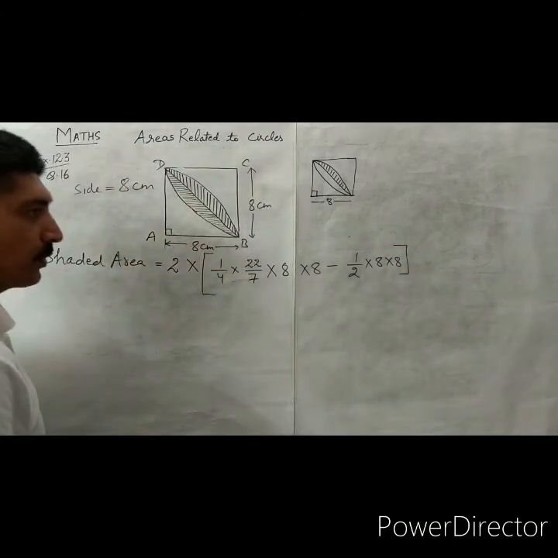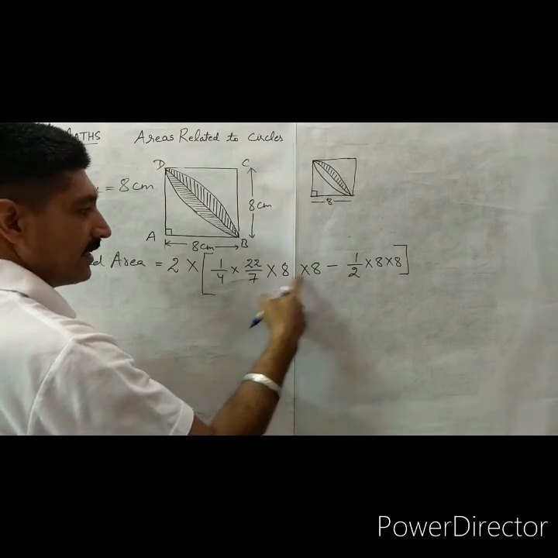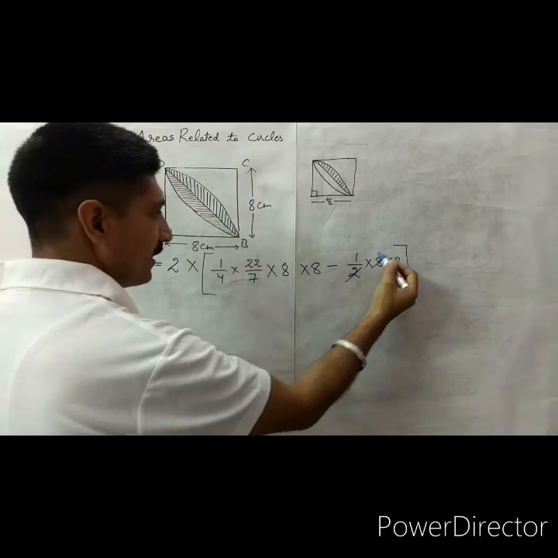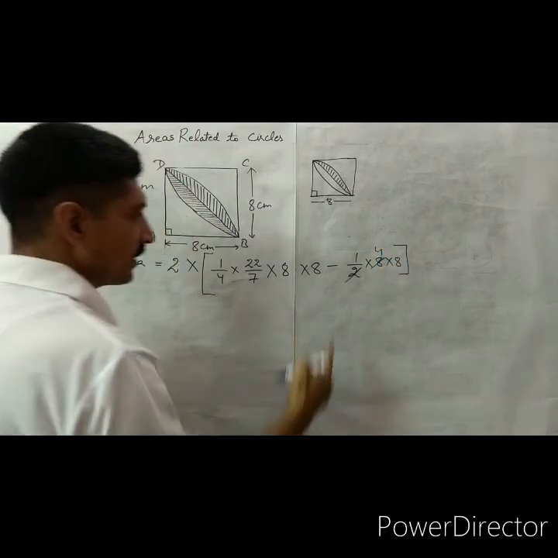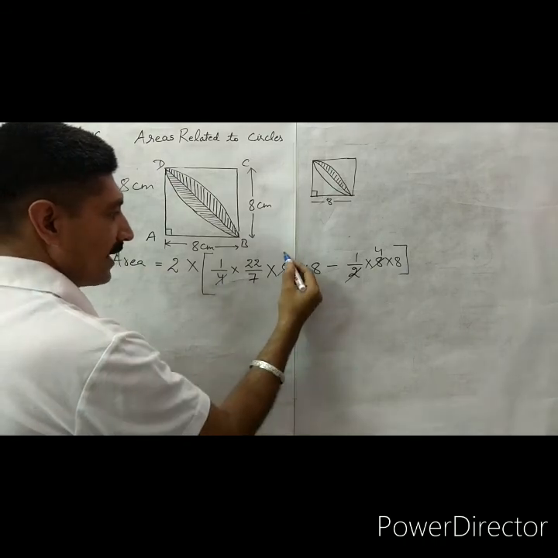So here 8 into 8 is common, or we can go ahead with the calculation, that is 4, that is 32. Again 4 ones are 4, 4 twos are 8.